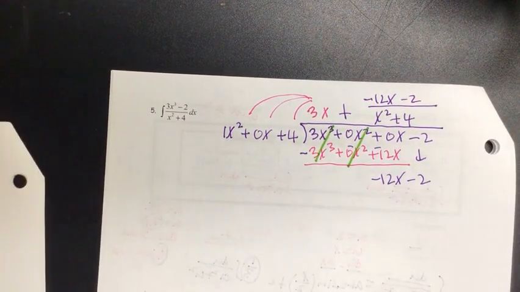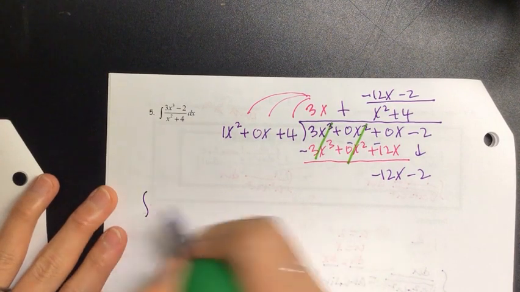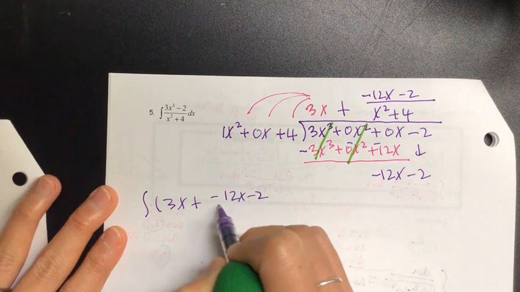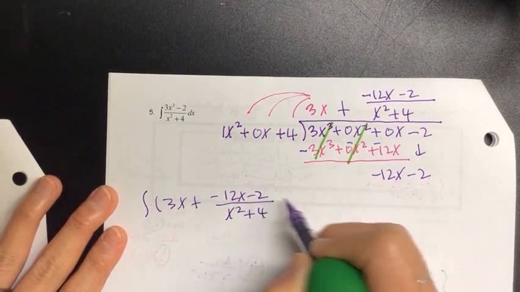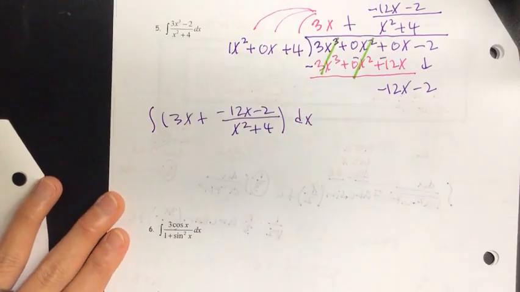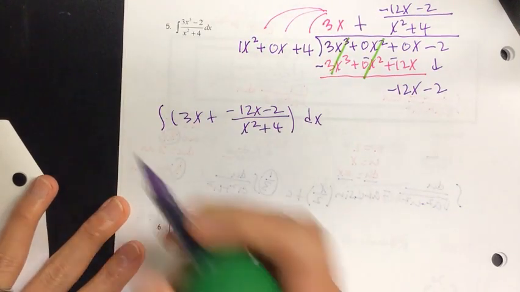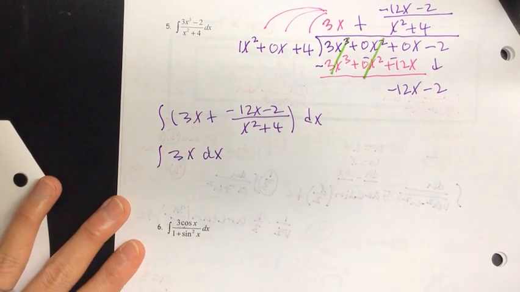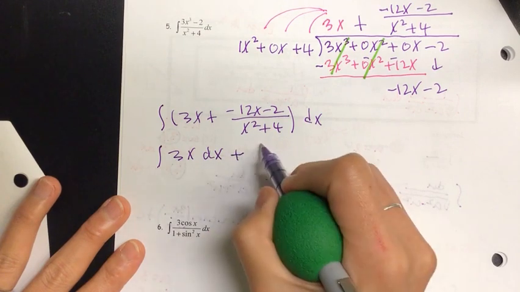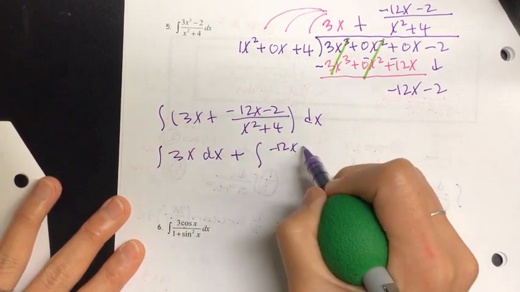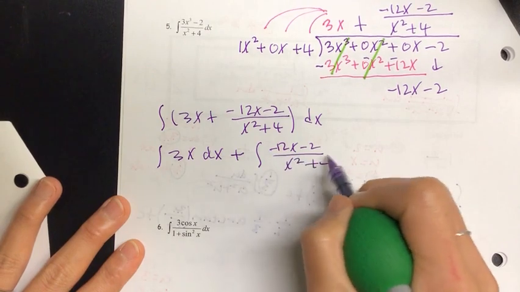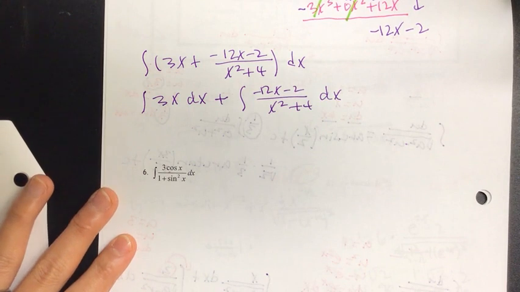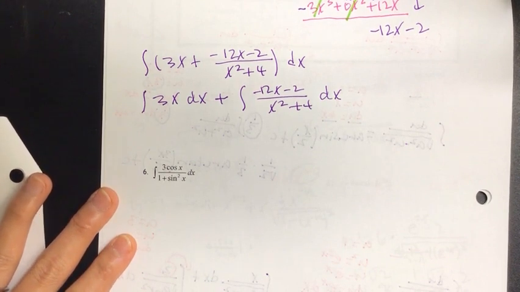So let's write this out. So we're looking at integration of 3x plus negative 12x minus 2 all over x squared plus 4 dx. And that really in the end is two different integrals. So let's write it as two different integrals real quick. 3x dx. And then we have plus the second portion, the 12. But can I further simplify something else? Not simplify, further split.